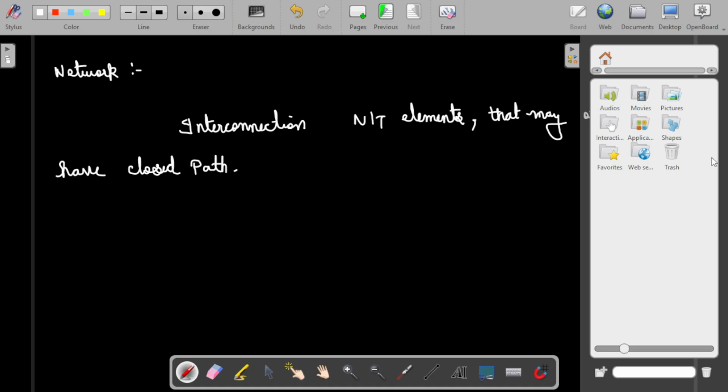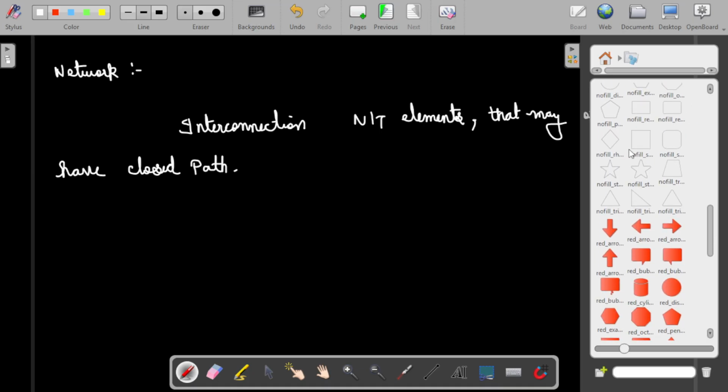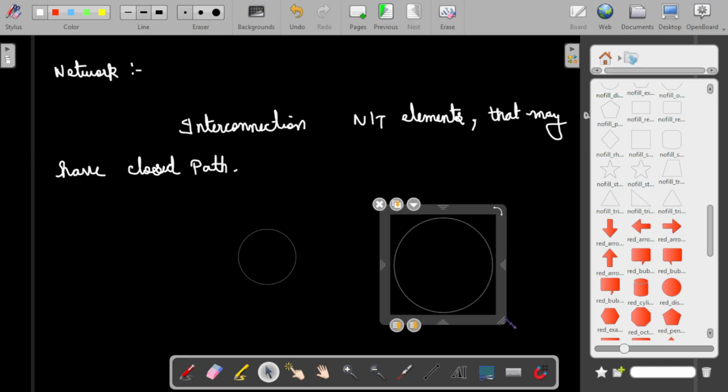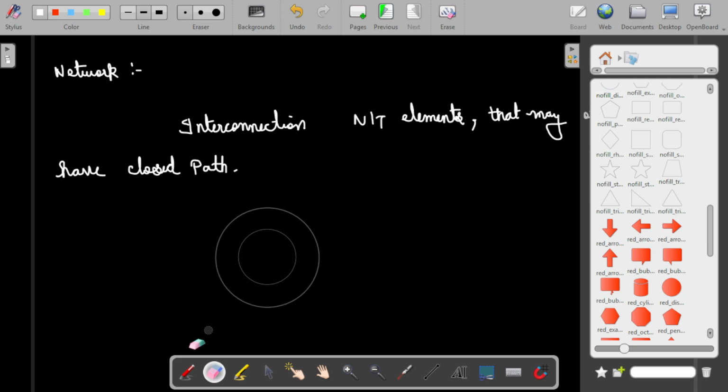If we take a subset Venn diagram, it can be represented like this: all circuits are networks, but all networks are not circuits.